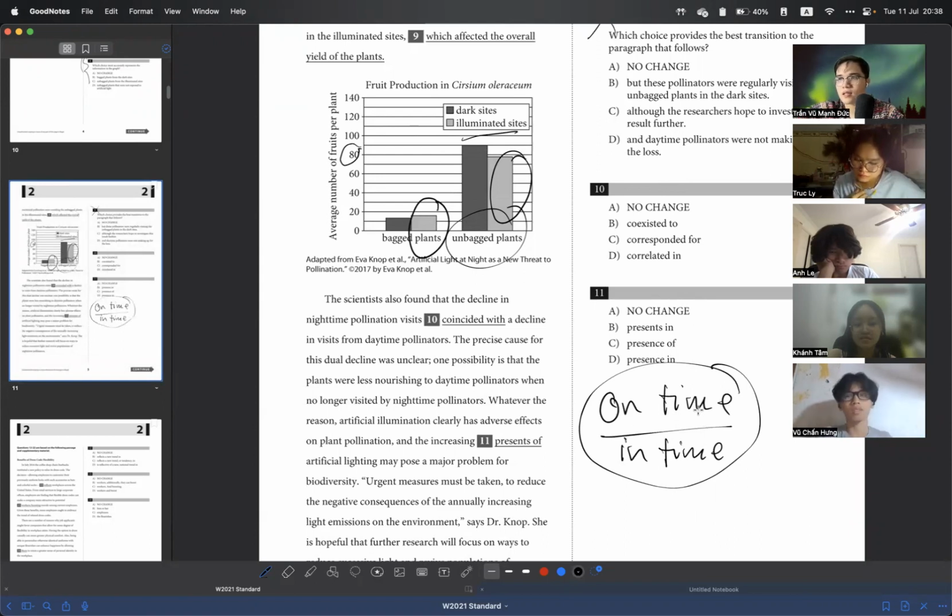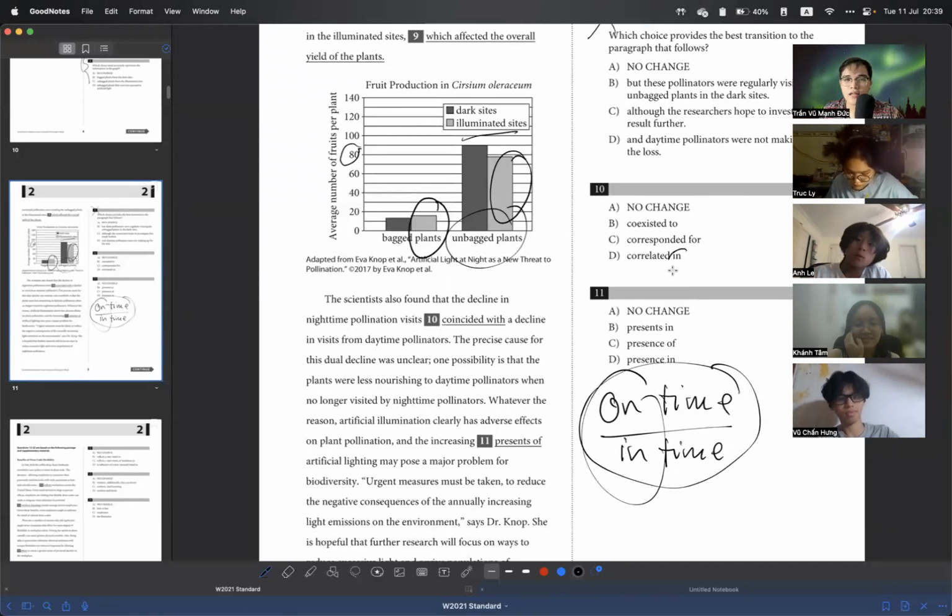On time means you're early, maybe. You have just enough time to be prepared and everything. Time is not pressured. But in time means that you are very, very close to being late. That's the only difference between the prepositions on and in. You just change it and the meaning changes. So on time, in time, they change.